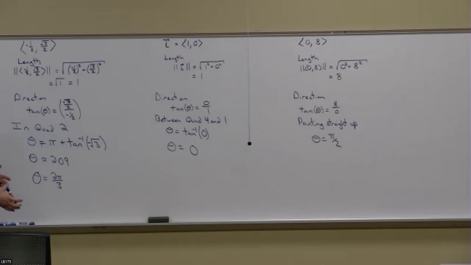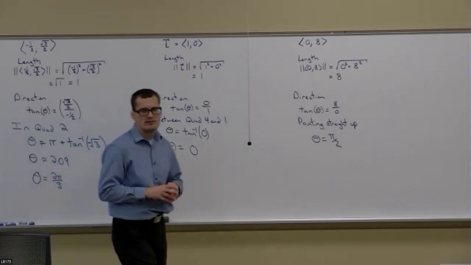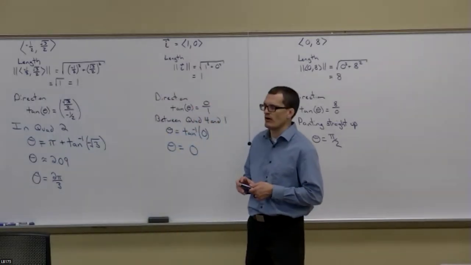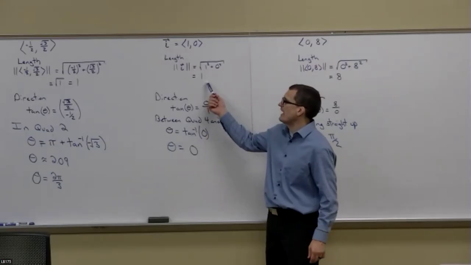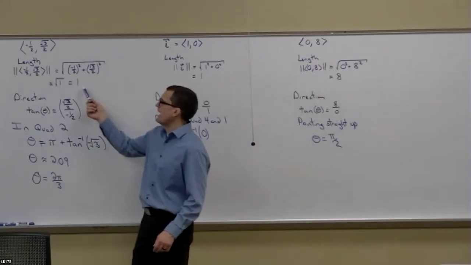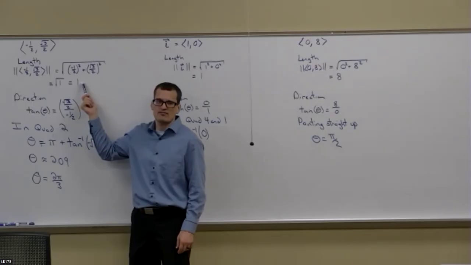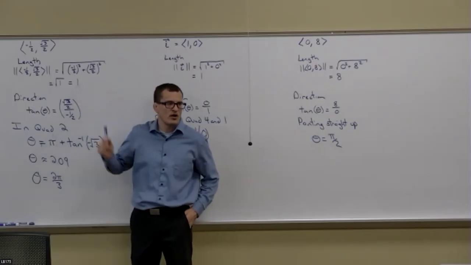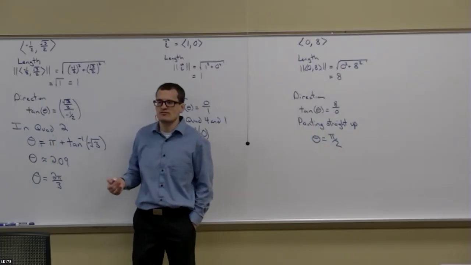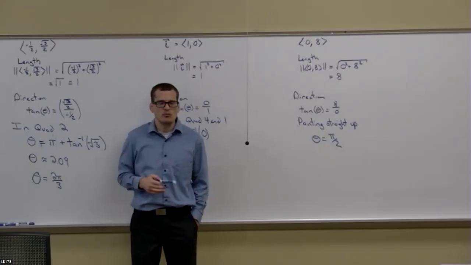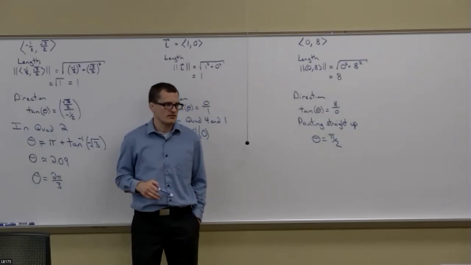Now I want to mention this before we move on because it's going to come back later on in the section. I want you to notice that i and -1/2 comma √3/2 were both of length 1. Those are special types of vectors that we call unit vectors.